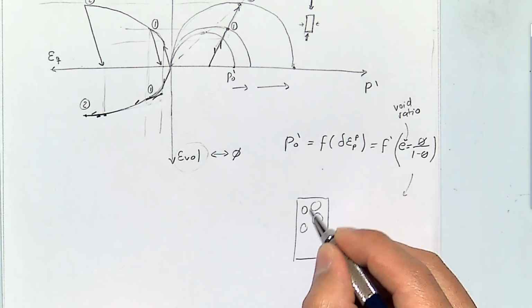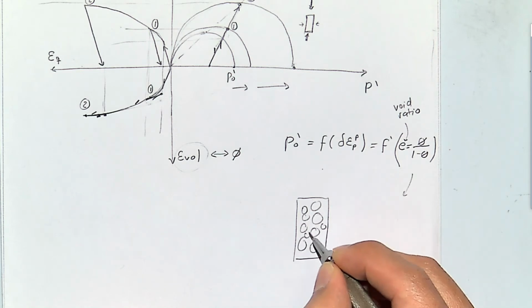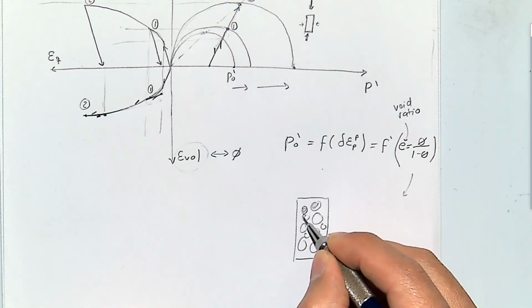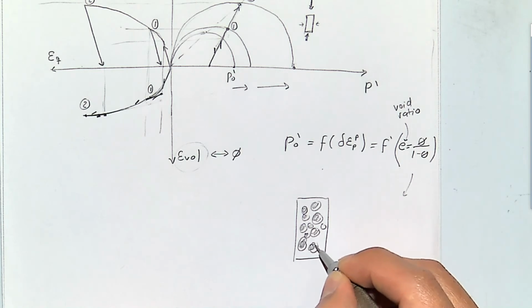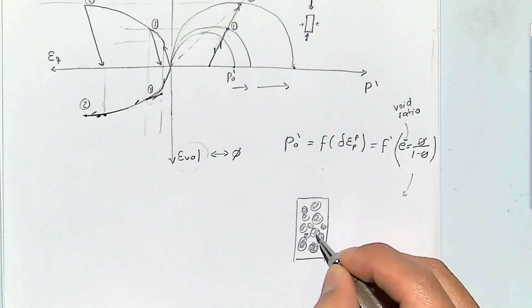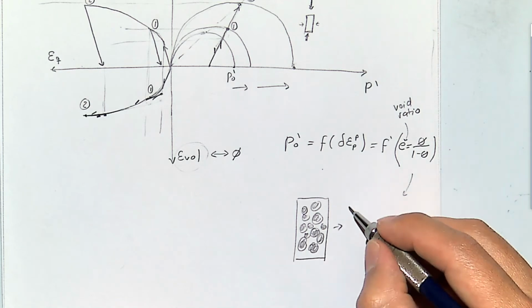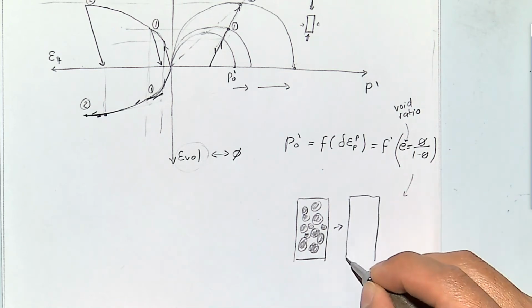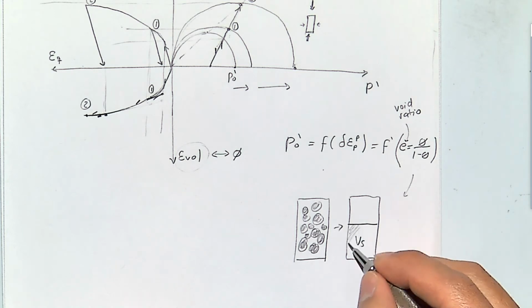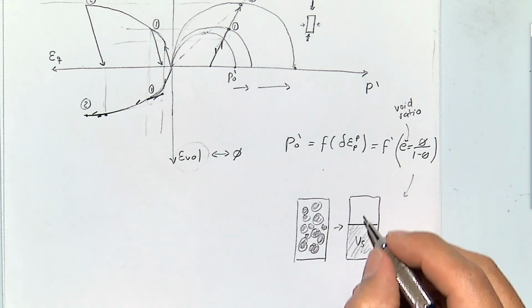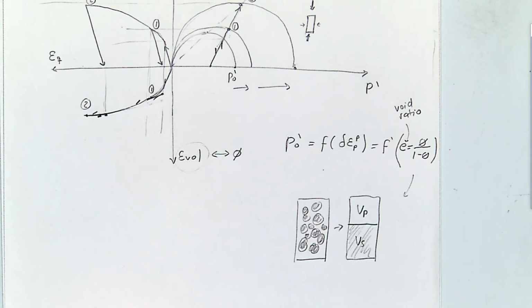We have a rock filled with grains and with pores. We can conceptualize this as volume of the solids and volume of the pores, right?